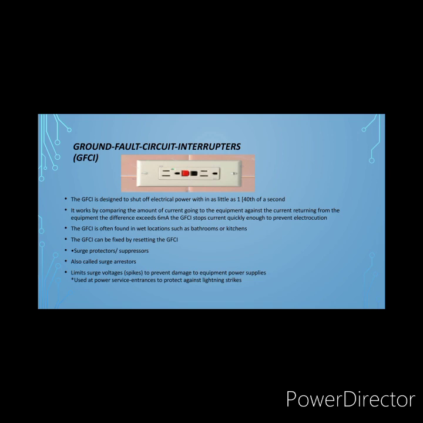It works by comparing the amount of current going to the equipment against the current returning from the equipment. If the difference exceeds 6 mA, the GFCI stops current quickly enough to prevent electrocution. So, ang purpose daw nito ay to stop the current quickly to prevent electrocution.